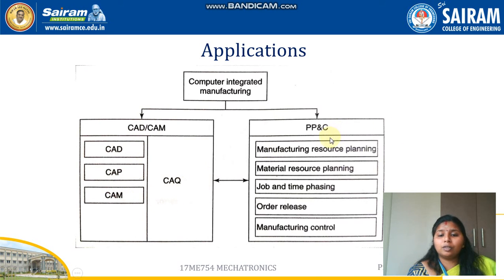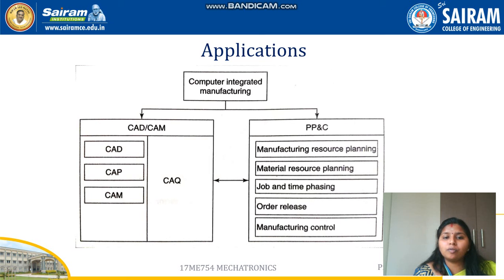And there is also a manufacturing unit with manufacturing resource planning, project planning and control, material resource planning, job and time sheet, order release, and manufacturing control. These are the components of computer integrated manufacturing. The activities range from the right definition of the products to their shipping and even product support after sales. This is the main thing of computer integrated manufacturing.